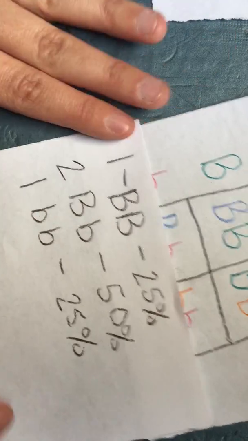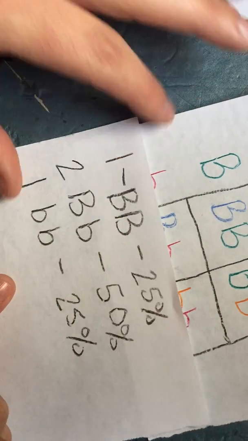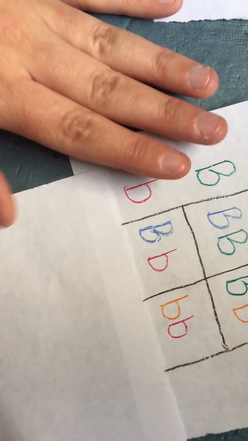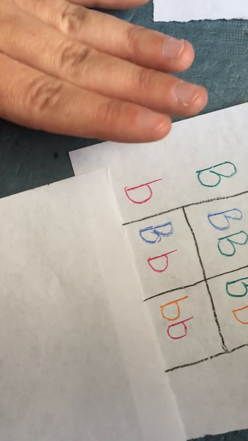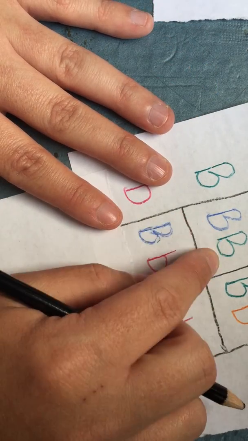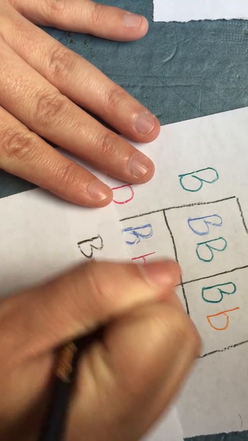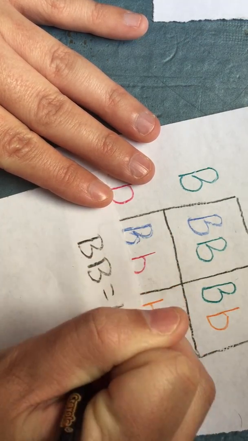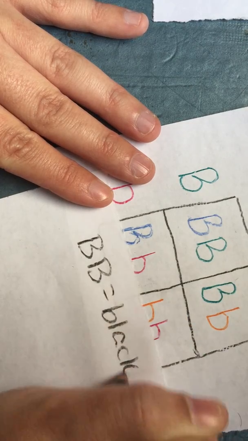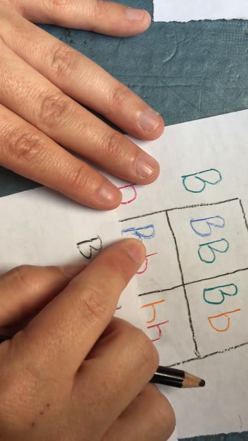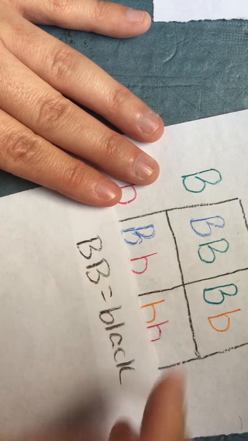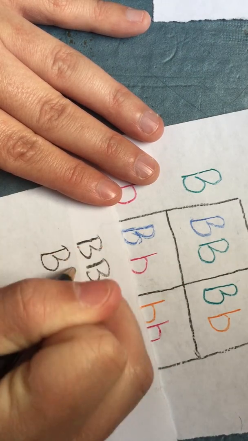Another way that you can do this is for genotype. We can also do it for phenotype. As we can see that this one, it has both dominant alleles, so it's going to be represented by black fur. These ones have one dominant allele, so it's also going to be expressed as black fur.